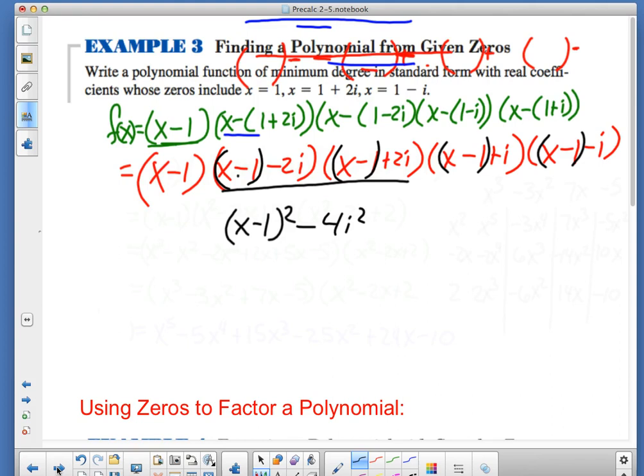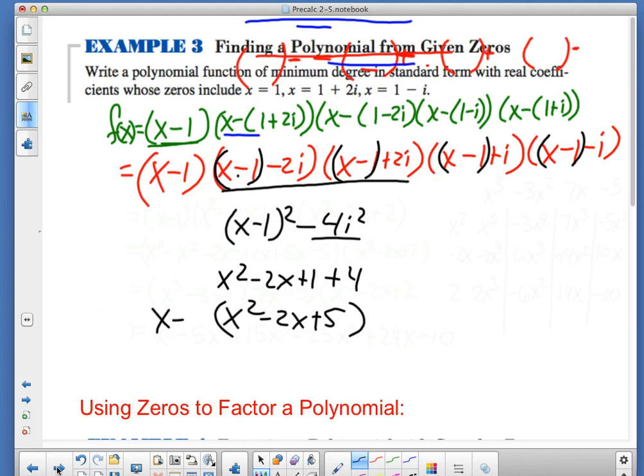I'm thinking about this in my head. So now I've got x squared minus 2x plus 1 plus 4, because that's what that's going to be. And so my next line, I could just go like this, plus 5, x minus 1. Okay? Do you see where I'm doing it?